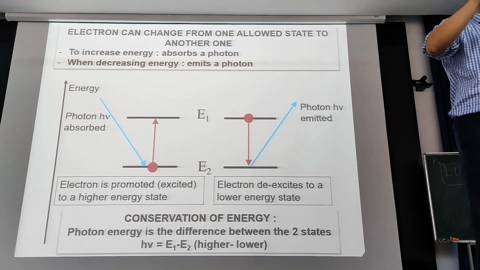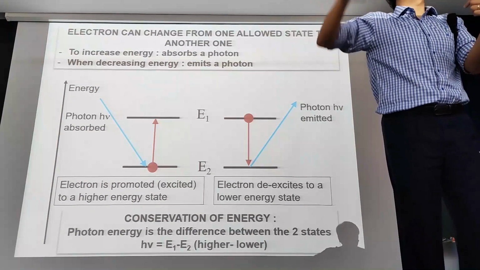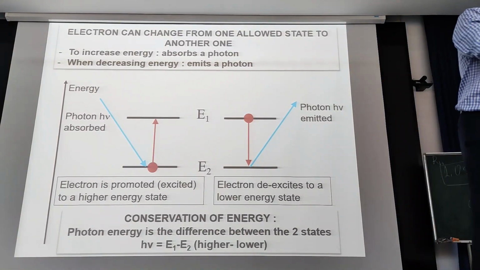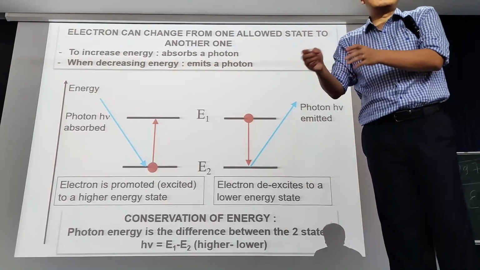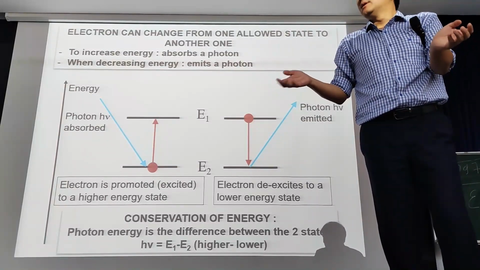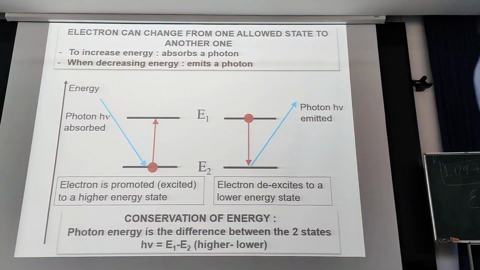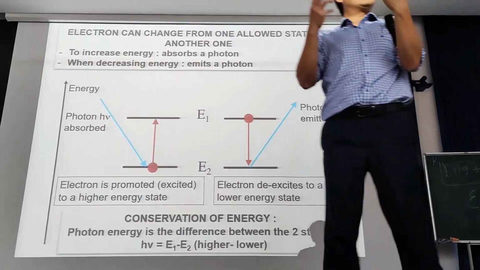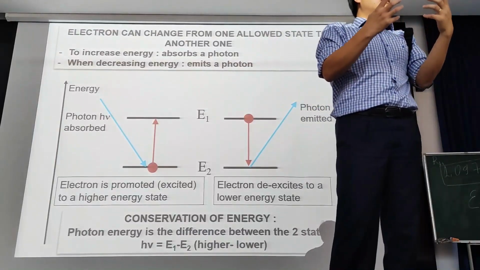Longer wavelength means smaller energy. So you absorb more and you emit less. That means you lost energy somewhere. So my question is, where did you lose this energy? Because for sure, you cannot violate the law of energy conservation.